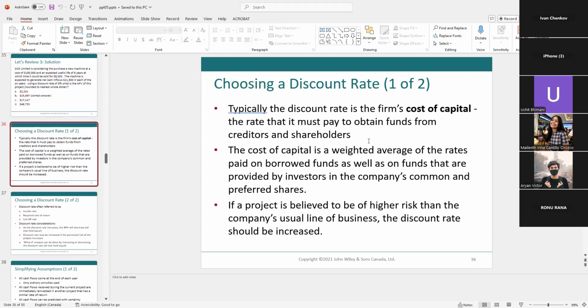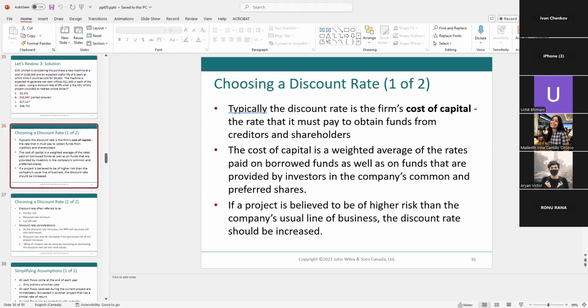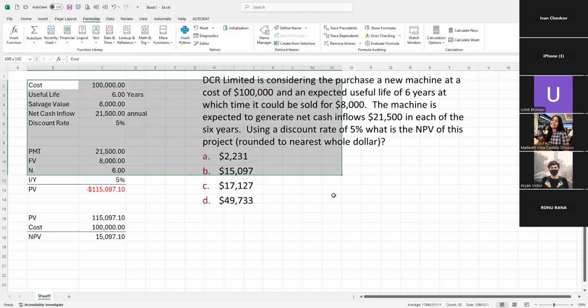So choosing a discount rate, obviously the discount rate is the one that's going to change the formula. Let's go back to the discount rate and let's play a little bit with that Excel spreadsheet. Let's see what we can get from this Excel spreadsheet. Now, this is going to happen if this is the scenario.